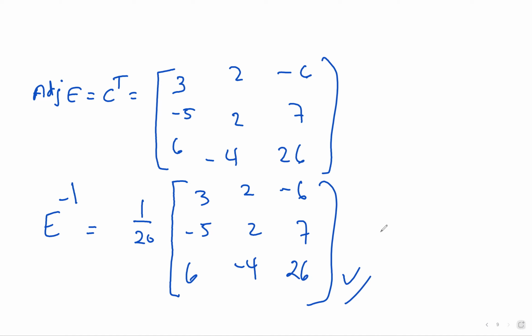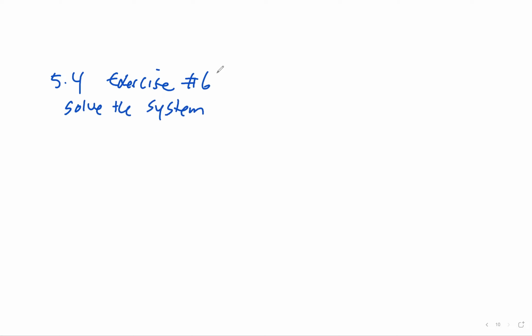Now, another problem from the textbook that I find very useful is chapter 5.4, exercise number 6. And the question is asking, solve the system AX equals D by matrix inversion.